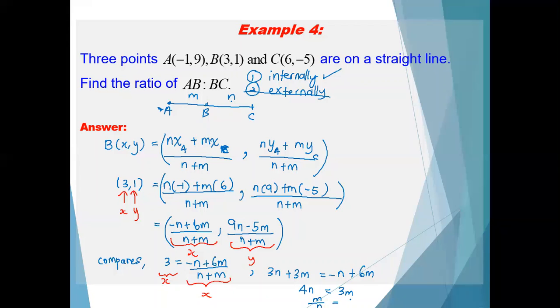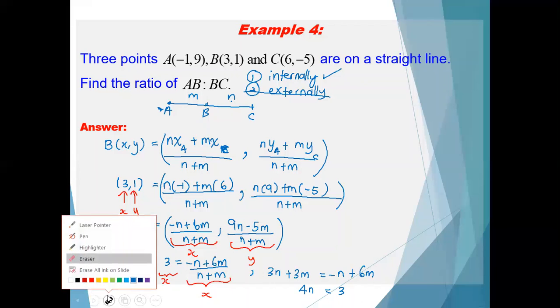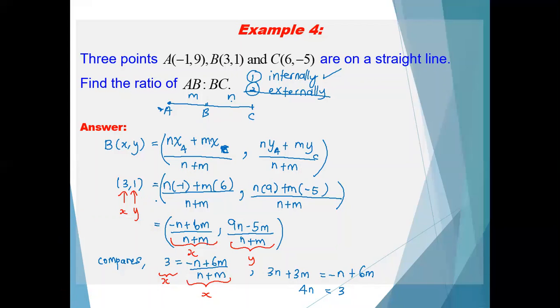M over N is 3 over 4. Sorry, let me write it more neatly. Therefore M over N is equal to 4 over 3.